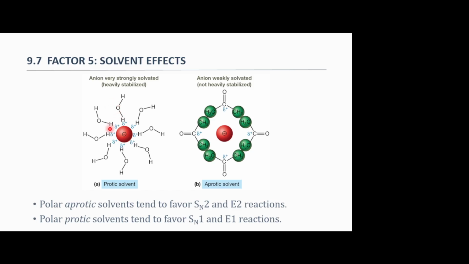We have those hydrogens that can do a hydrogen bonding interaction with our anion, and so we can strongly stabilize these. If we have an aprotic solvent, that means it does not have a positively charged hydrogen, that little hydrogen bonded to an oxygen, nitrogen, or fluorine usually. Notice the anion is going to be weakly solvated, and it's not very heavily stabilized.